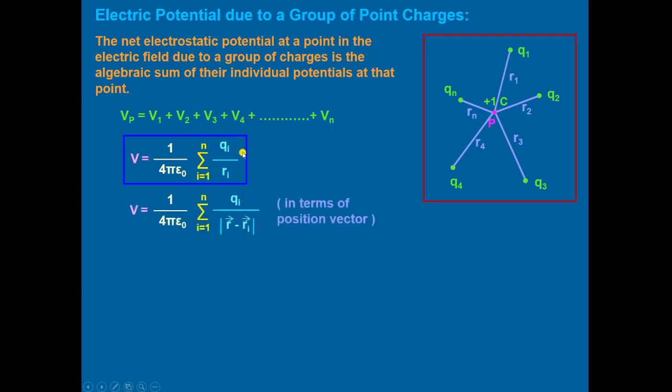In terms of position vectors, the potential will be equal to 1 upon 4 pi epsilon naught sigma i equals 1 to n Qi divided by the magnitude of R vector minus Ri vector.